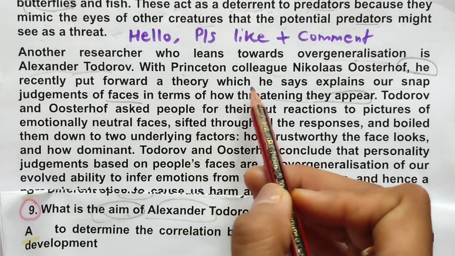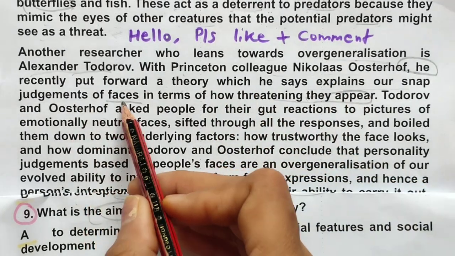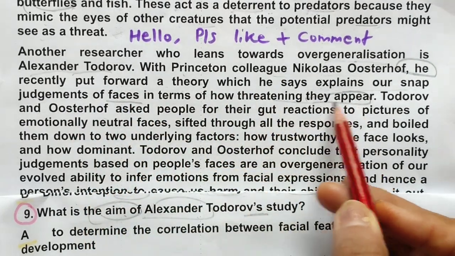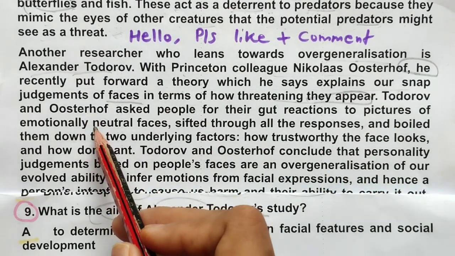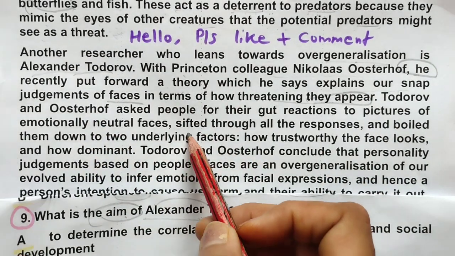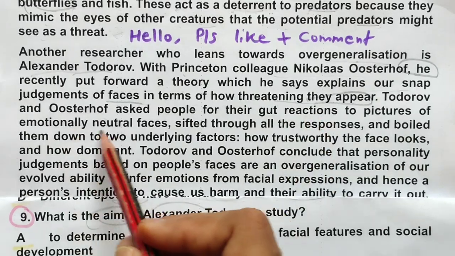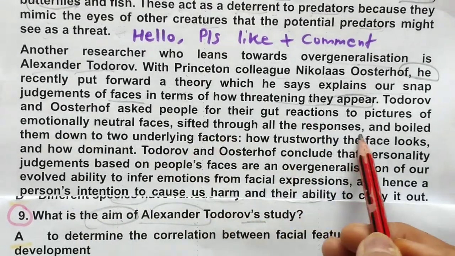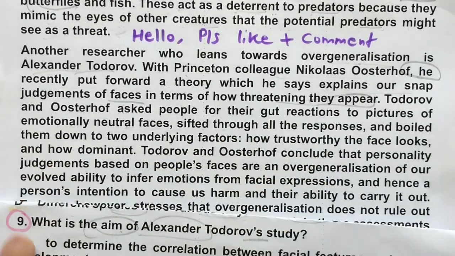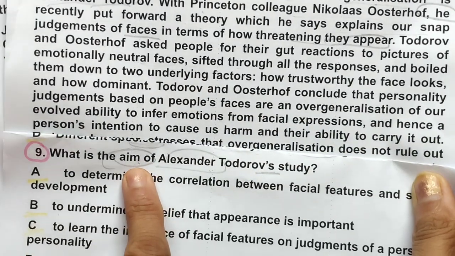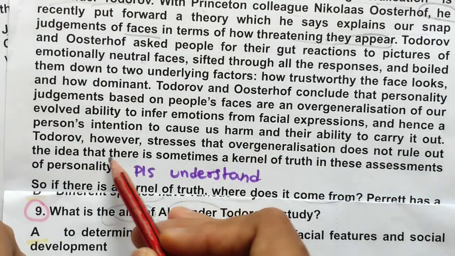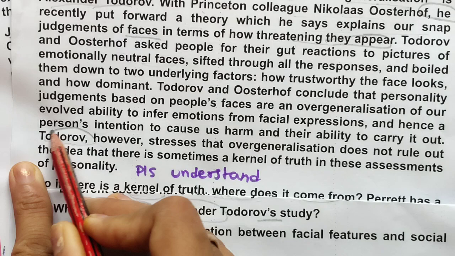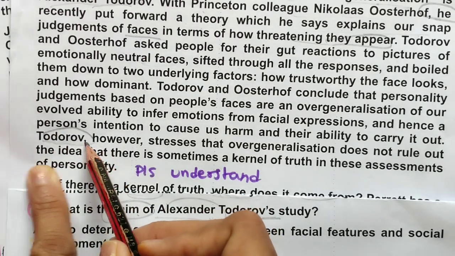Now these two persons are talking about gut reaction to pictures of neutral faces. Let's read fully, because here they are talking about the aim of Alexander alone, not the combined work. The word 'alone' means he is talking about his own experiment.